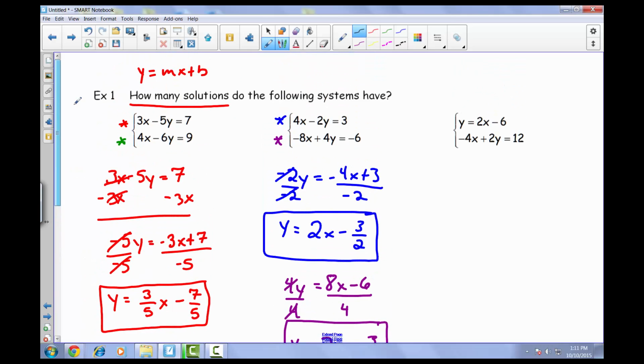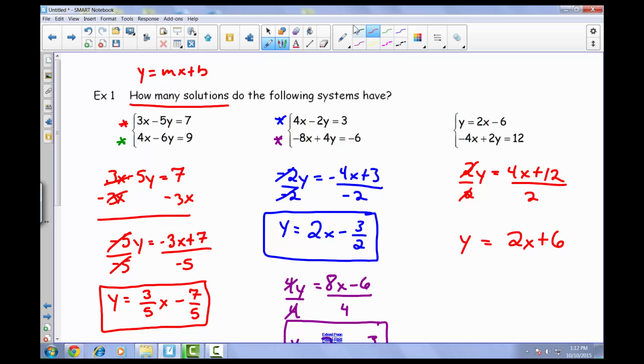Now looking at our last one, this one's already in terms of y equals mx plus b, so we're good there. We just have to solve for this bottom one. Adding 4x to both sides, we end up with 2y is equal to 4x plus 12. Dividing both sides by 2, we end up with y is equal to 2x, because 4 divided by 2 gives us 2x, and 12 divided by 2 gives us plus 6.